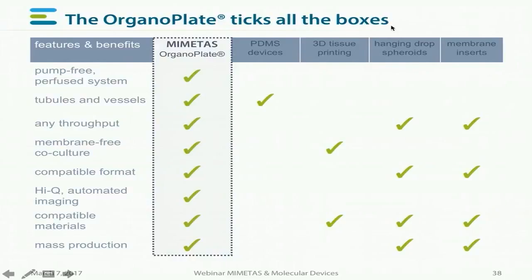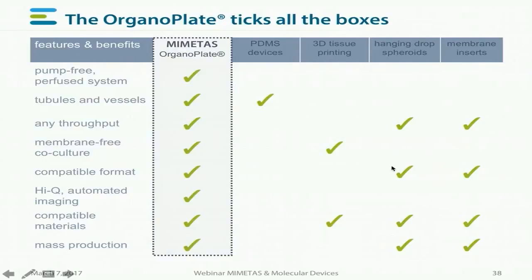Hanging drops are a very useful tool, but they have a limited number of applications. So perfusion is very difficult, if not impossible, in hanging drops. Tubes and vessels are not possible. Because most of these plates are actually based on a 96-well plate, the throughput is fairly high.